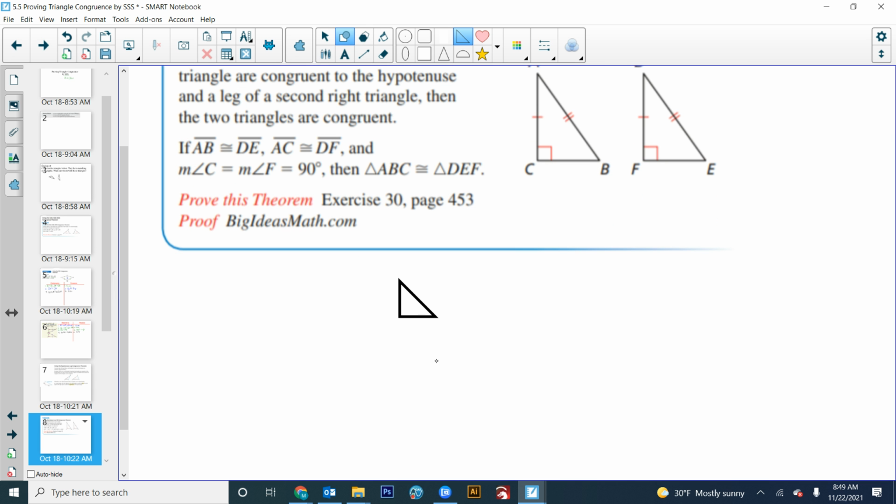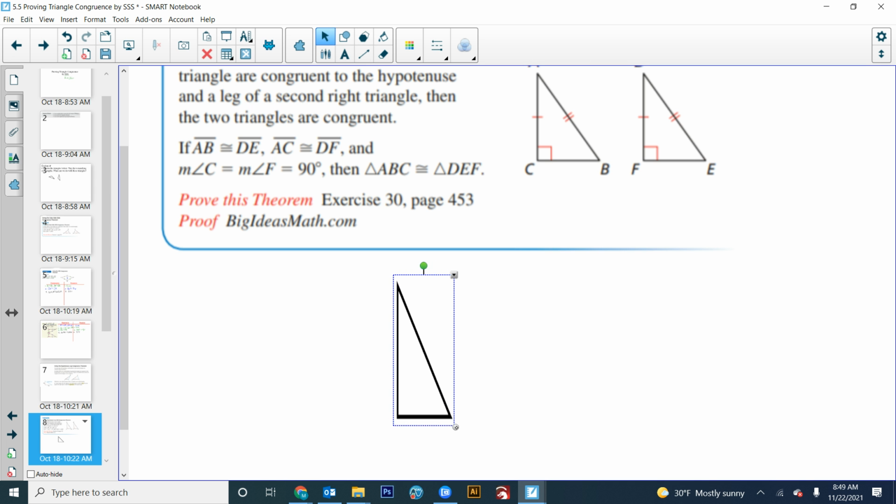All right, here we go. Right triangle. This is the right angle. I guess we have to work on some vocabulary. I'm going to teach you some vocabulary today. You know that's the right angle.